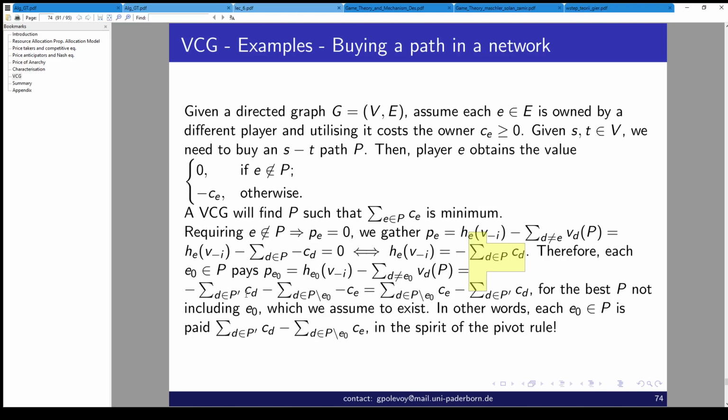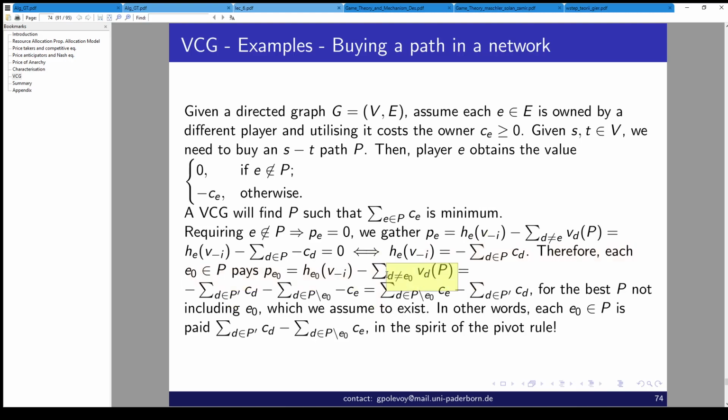We assume such a path exists, so it's like two-edge connected, and minus the values of the other edges for that path.